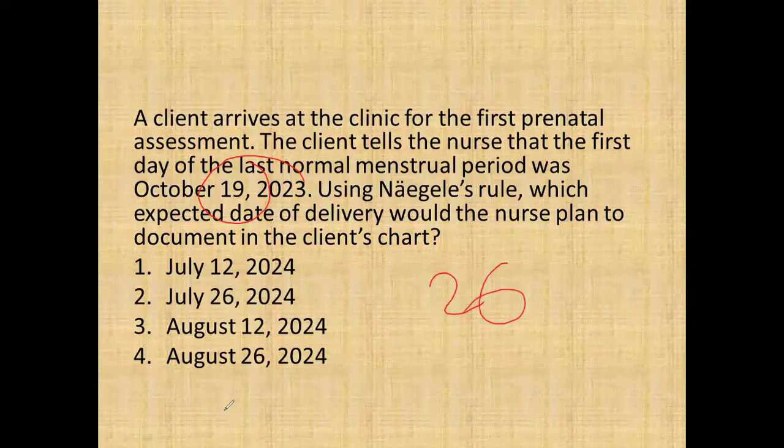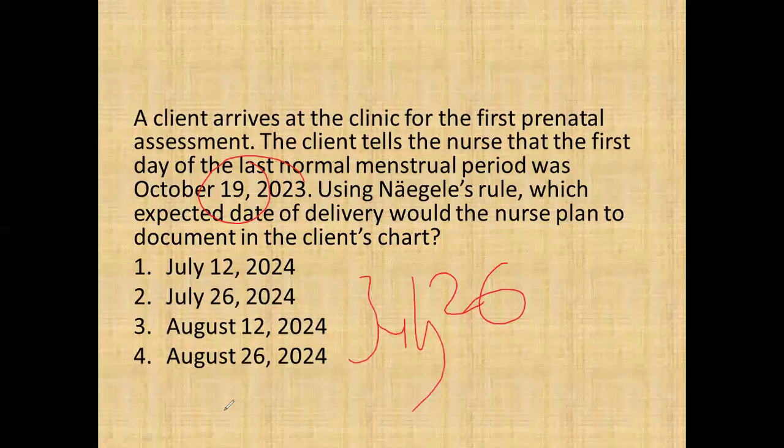That is the day. Then you come to the month. So we said for the first method, you subtract 3 months from the month we are in. So when you take October, you subtract 3 months from October. We all know that October is the 10th month of the year. So 10 minus 3, we get 7, and 7 is July.